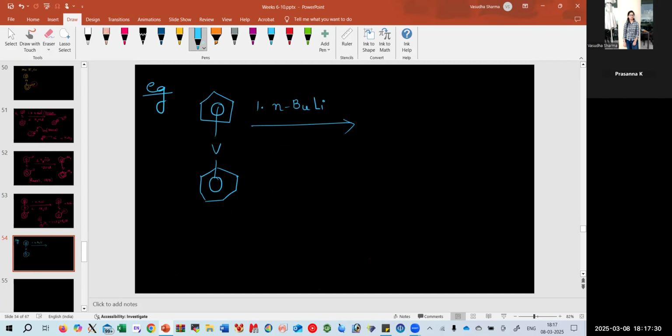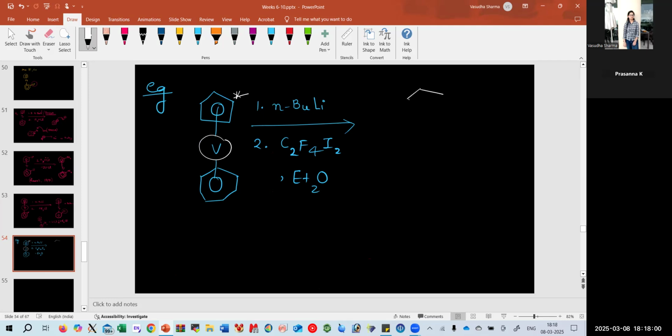And in the second step, I'm giving a source of iodine, which would be I positive over here, in a diethyl ether medium. So what can we expect, where the lithiation is going to happen and where the iodine will go at the end? We very well know that vanadium does the lithiation at the C5H5 relative to C7H7.